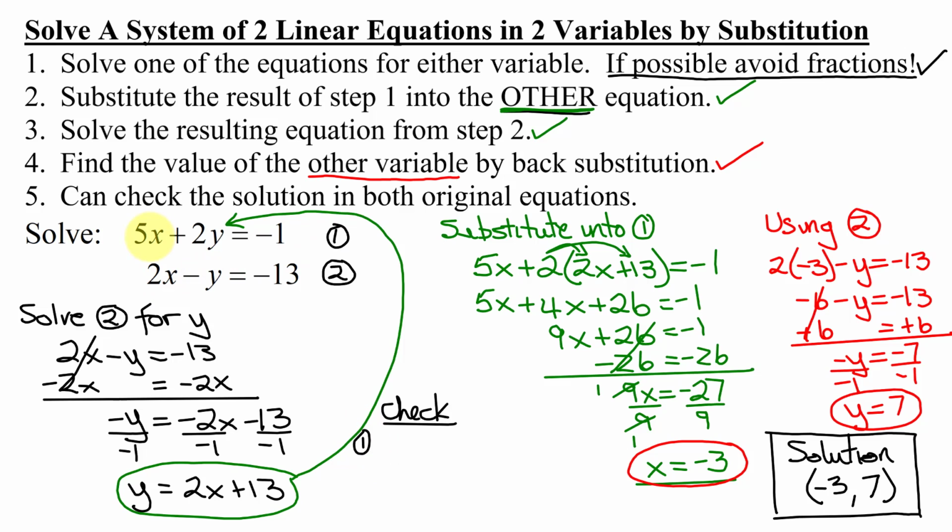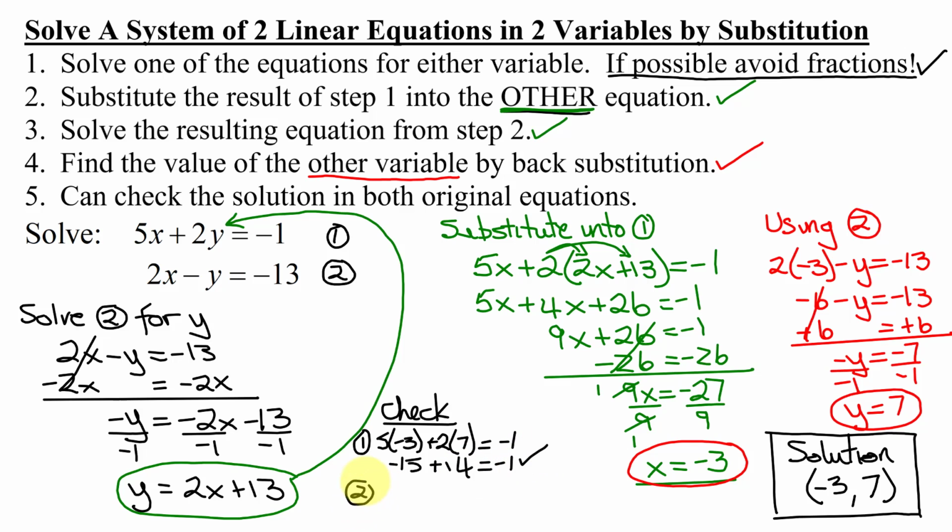So equation 1 becomes 5 times x, which is negative 3, plus 2 times y, which is 7, should equal negative 1. 5 times negative 3 is negative 15, plus 2 times 7 is 14. Does that equal negative 1? Yes, negative 15 plus 14 is negative 1.